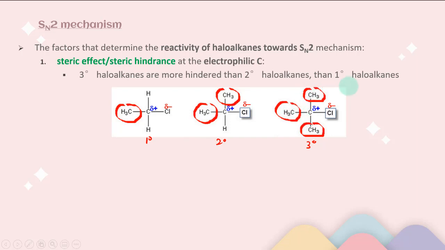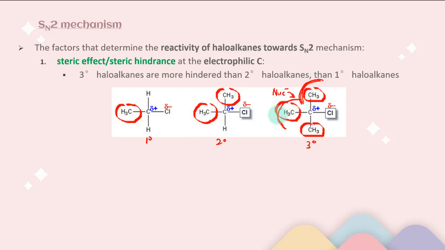So imagine that we have a nucleophile. For example, this is your nucleophile. It needs to attack from the back of your electrophilic carbon. Remember, the backside means the side opposite to this Cl group. So this bulky group forms a shield. Okay, it forms a steric hindrance.